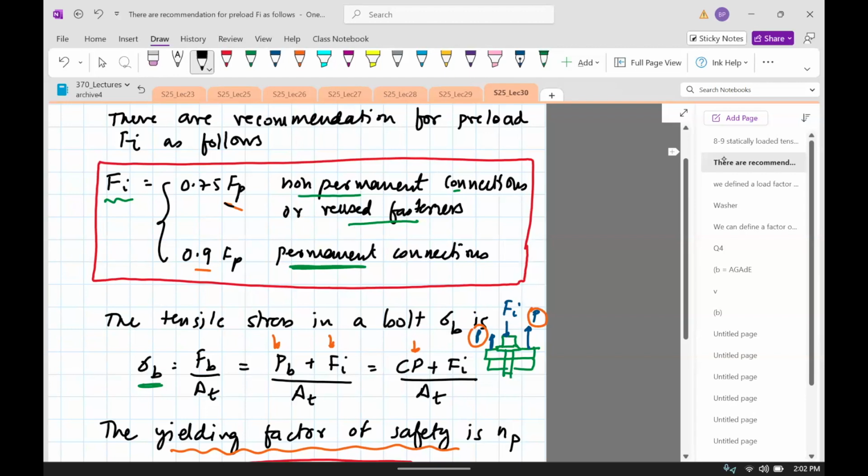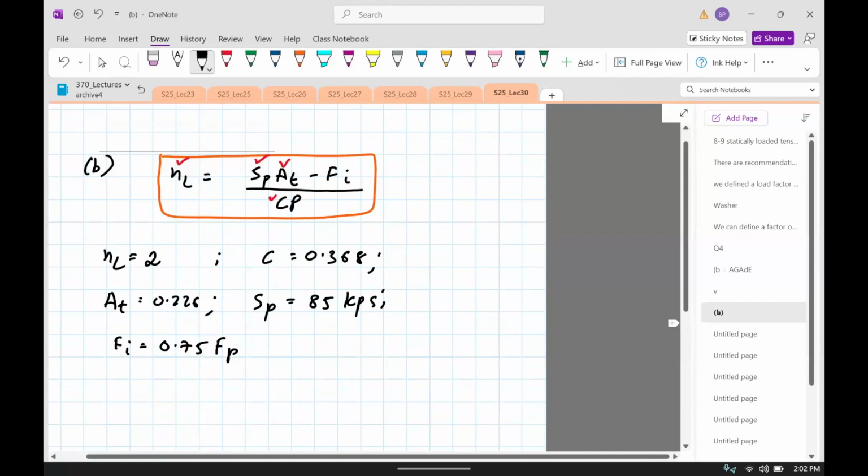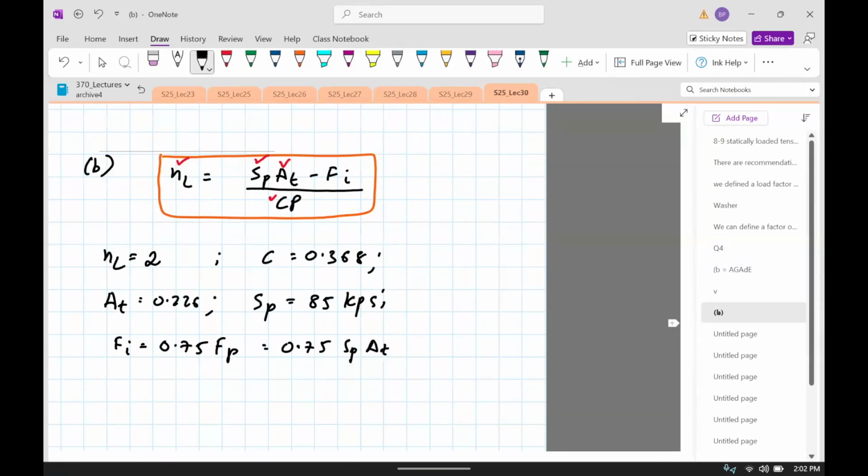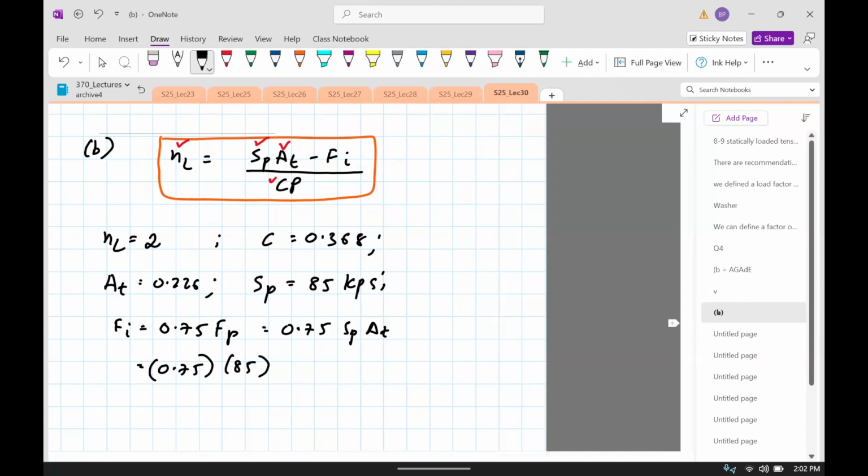And FP is known to be AT times SP. So Fi is going to be 0.75 times SP, which is 85, times AT, which is 0.226. Okay, Fi comes out to be 14.4 kip. Okay, so this is also known.